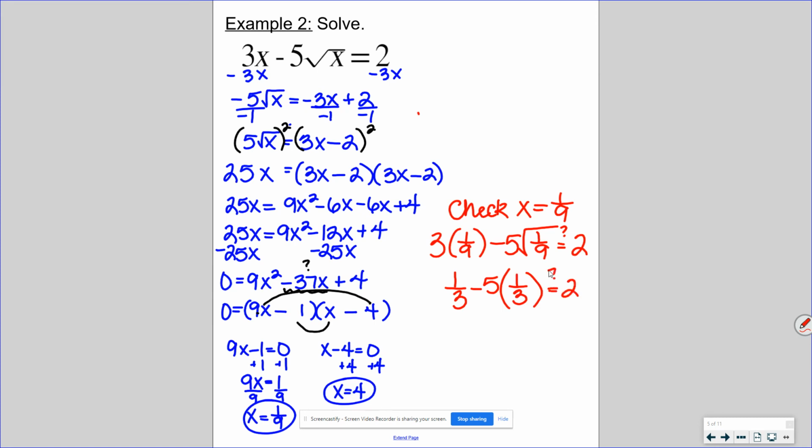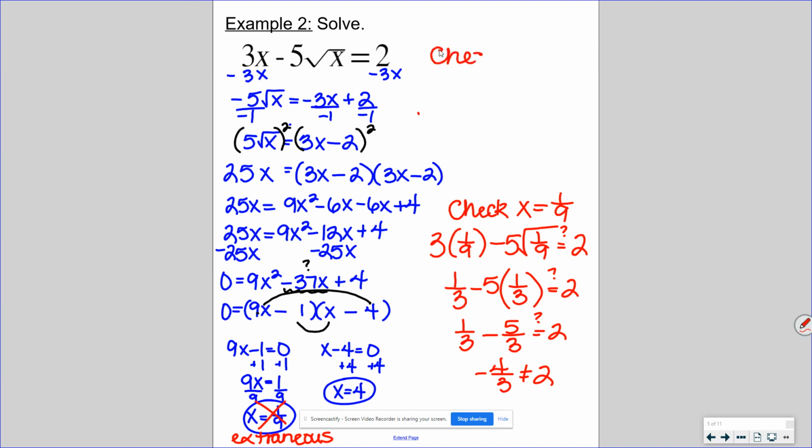And I still don't know if this equals 2. So let's keep going. 1/3 minus 5 times 1/3 would be 5/3. And 1/3 minus 5/3 is negative 4/3, which is not equal to 2. So 1/9 is an extraneous solution, meaning it does not work.